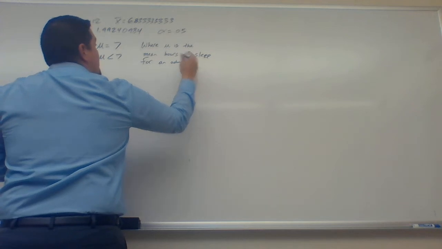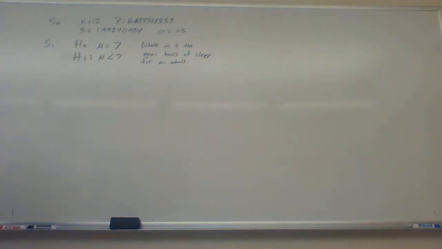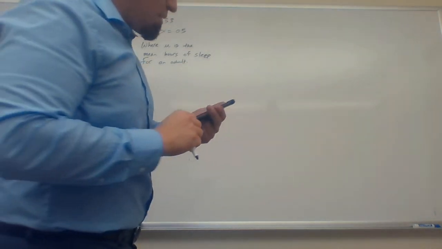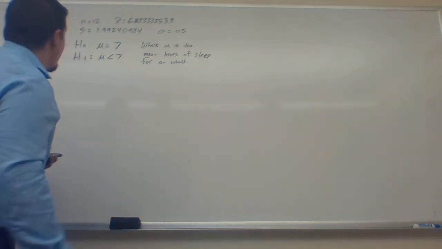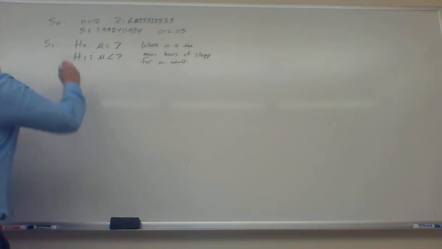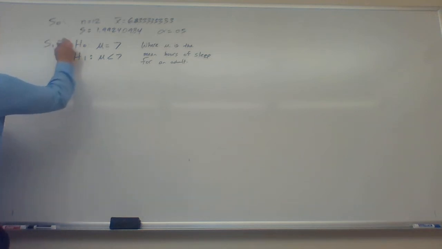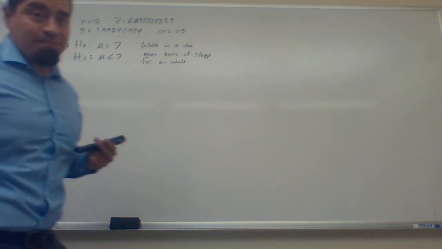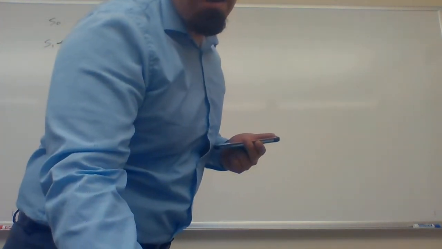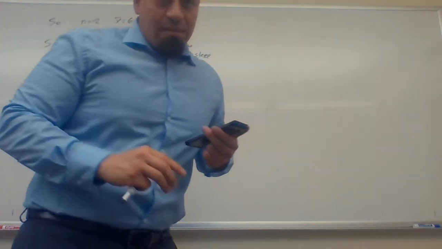I didn't mention this in the beginning, but just like in class, you should probably be taking written notes. That'll probably help you learn it a little bit better. So we set up step 1, that's the hypothesis step. In fact, we call this steps 1 through 3. So that is set up. Okay, so we'll keep going.